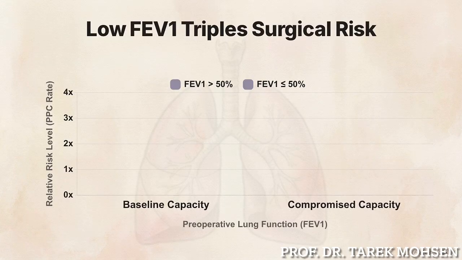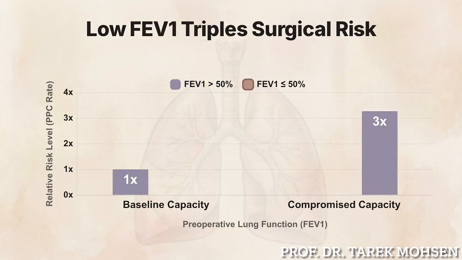This chart compares post-operative pulmonary complication rates based on lung function. FEV1, or forced expiratory volume in 1 second, is a measure of airway obstruction. Patients with a preoperative FEV1 of 50% or less of their predicted value face a 3.27-fold increase in complication rates.